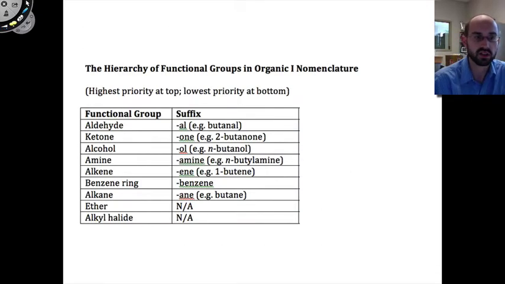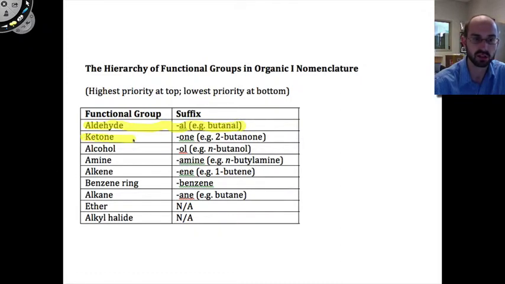So these are the functional groups you're going to need to learn how to name as part of Org 1. You'll notice most of them have suffixes associated with them, and that's how we designate what the most important functional group of the molecule is. Today I'm only going to focus on 3 or 4. So the aldehyde, which has the -al suffix, so something like butanal.